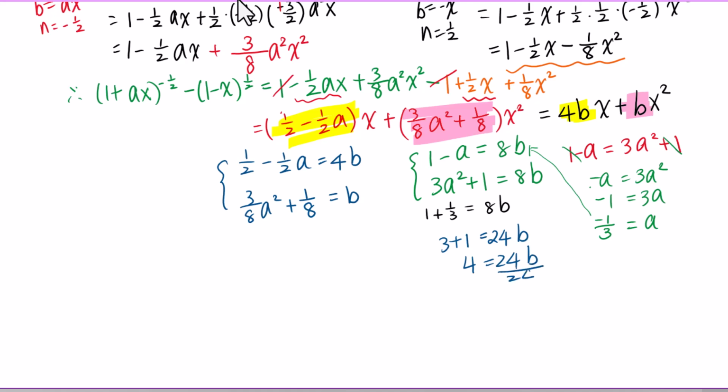Divide by 24 both sides. b equals 1 over 6. So a equals negative 1 over 3 and b equals 1 over 6.